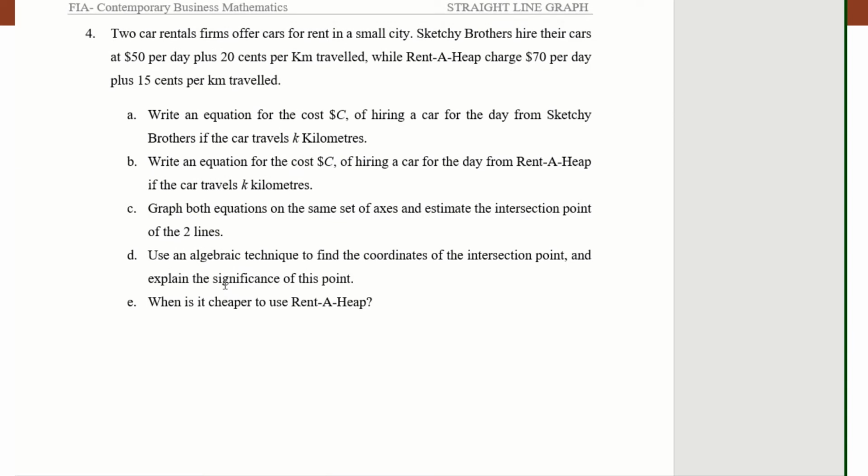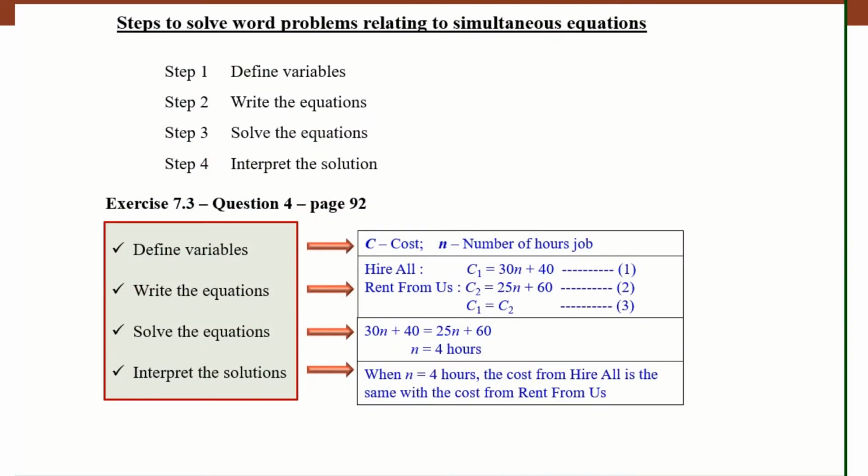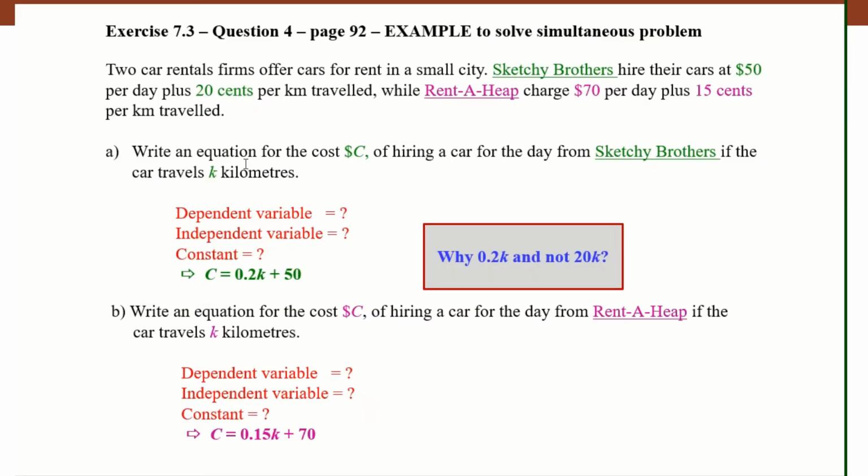For question number 4, you have two equations here, one for Sketchy Brothers and one for Rent-A-Heap. Make sure you put it as 0.2 and not 20 because it's cents. So 0.2K plus 50, and 0.15K plus 70.